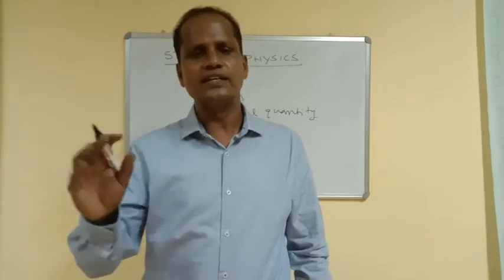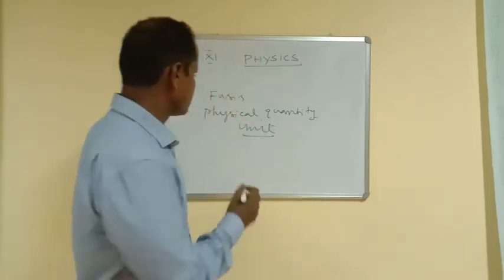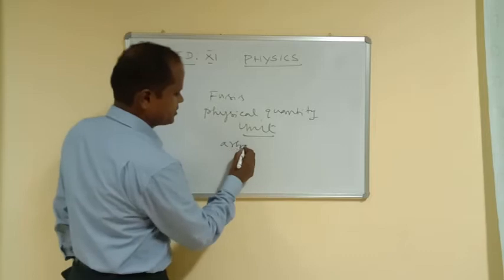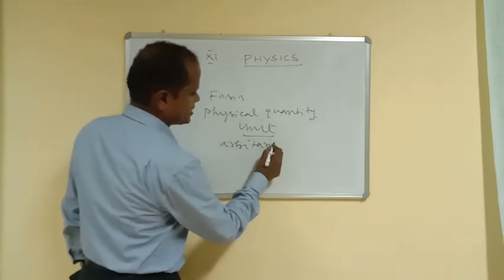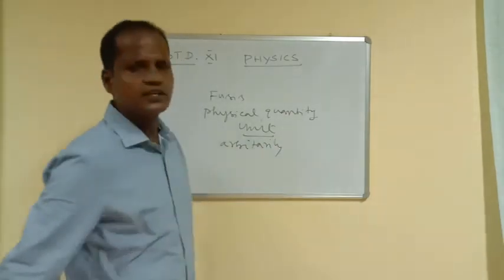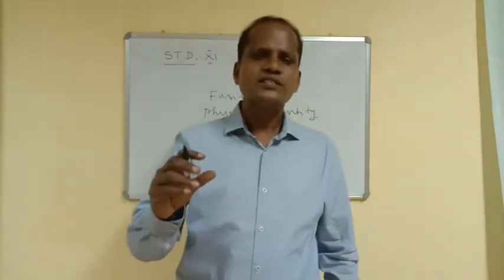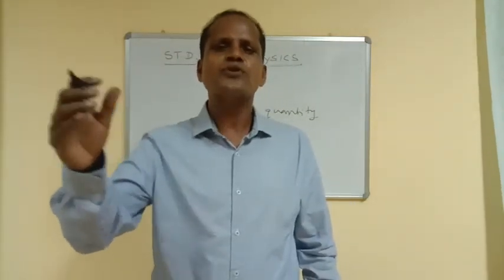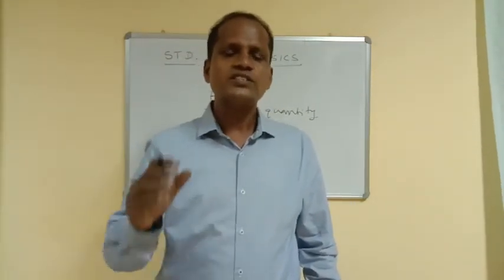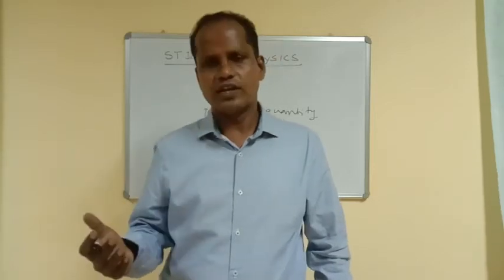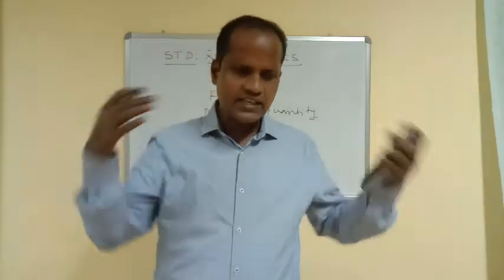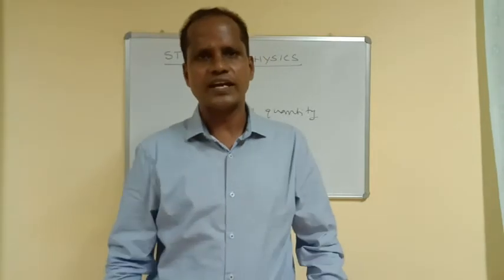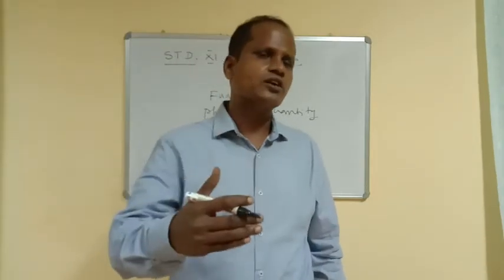Arbitrarily chosen standard of a measurement of a physical quantity which is accepted internationally. Internationally means the entire world must be accepting that standard. That standard is called a unit.